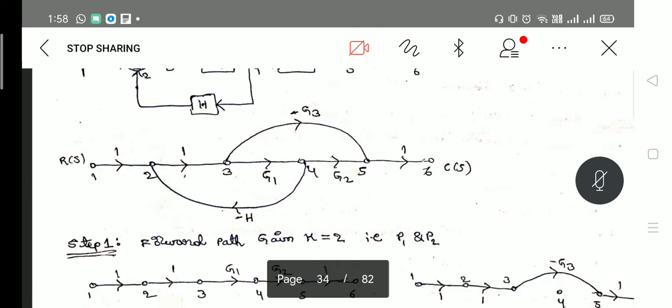Okay, how many forward paths are there in this signal flow graph? Anyone tell me? Two, right. What are they? Yes, 2 is right.